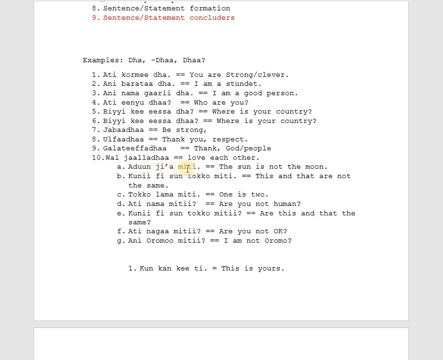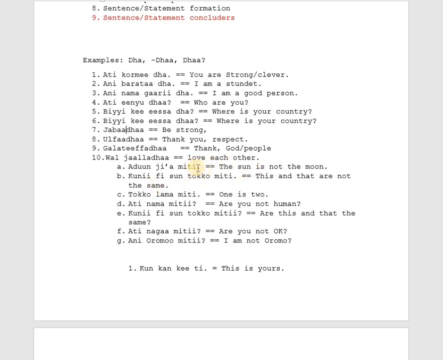The sun is not the moon. Kunifi sun tokko mit. This and that are not the same.